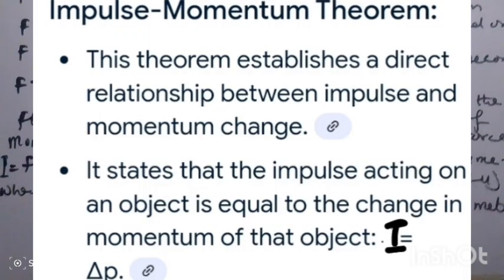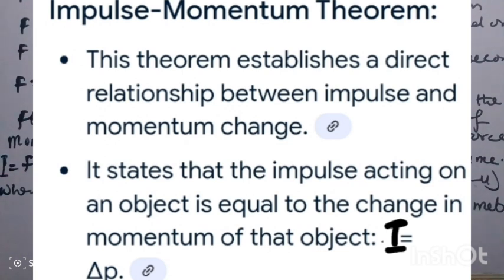Next on the screen is the impulse-momentum theorem. This theorem tries to establish the direct relationship between impulse and momentum change. That is, what is the relation between the two quantities?